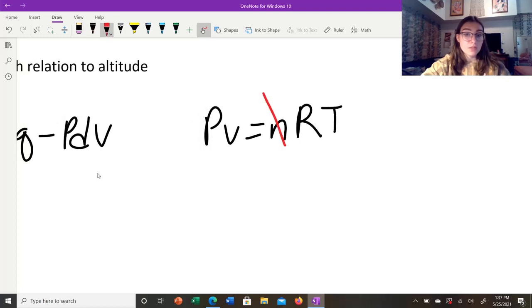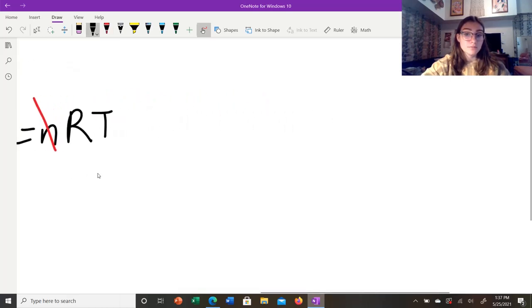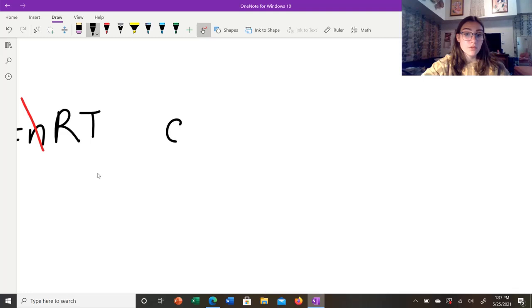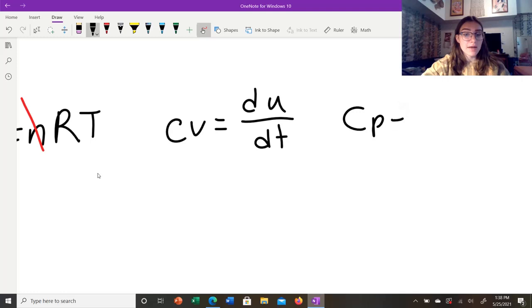But for this, we're going to assume we just have 1 mole of gas, so we're going to go ahead and get rid of our n. For our next equation, we're going to be using CV equals dU over dT, where CV is the heat capacity at a specific volume.